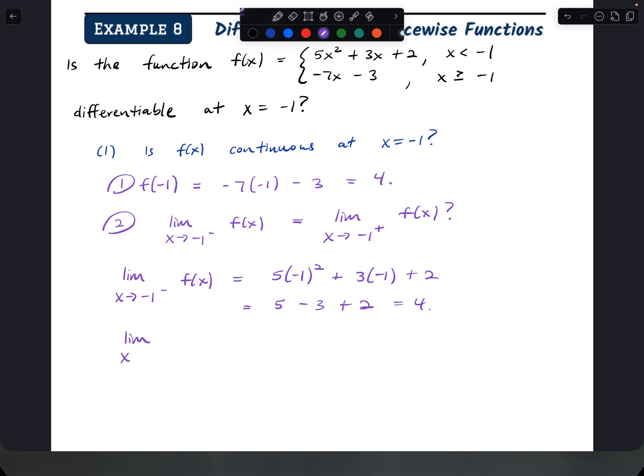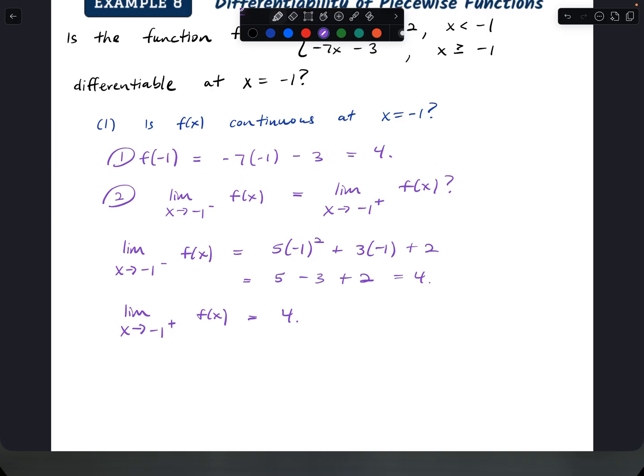Now the limit as x approaches -1 from the right of f of x, we already plugged this number into the bottom function. This is the right-handed limit, so I'm okay with you guys just saying it's 4. The biggest thing you have to worry about is this is the same as this.